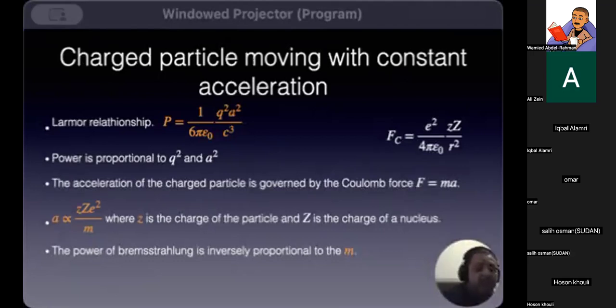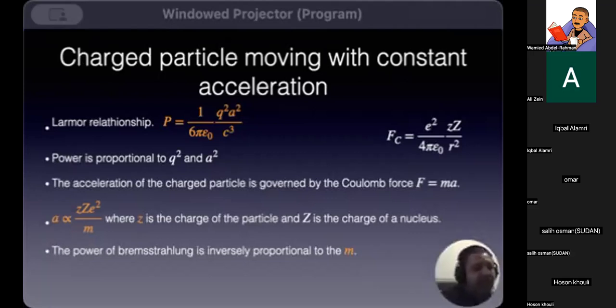The Bremsstrahlung radiation, following the Larmor relationship, this power coming out from protons is about 1/2 million of that compared to an electron.